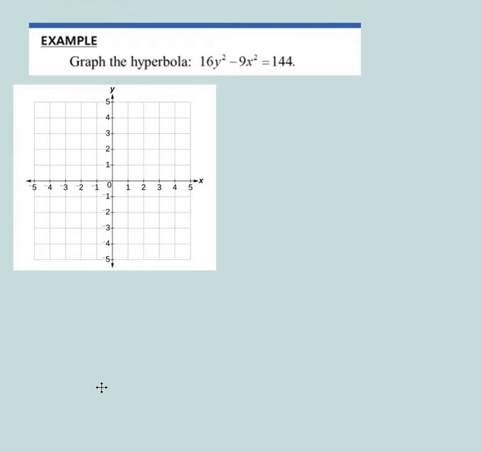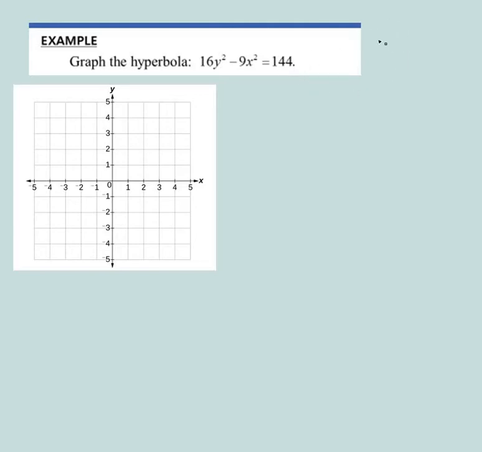Okay, guys, now we have here the example. Graph the hyperbola. First let's do all the things we need to do. It doesn't look like the standard form of the equation of a hyperbola. The way we need to write it is with this equal to 1.